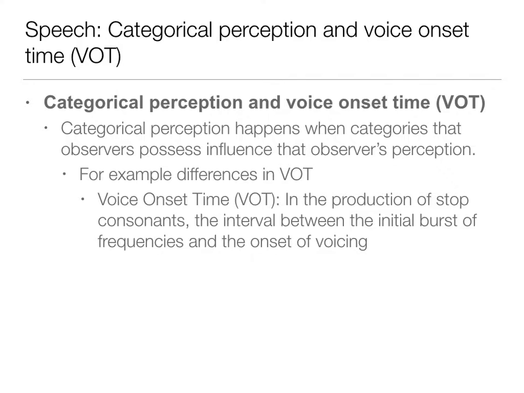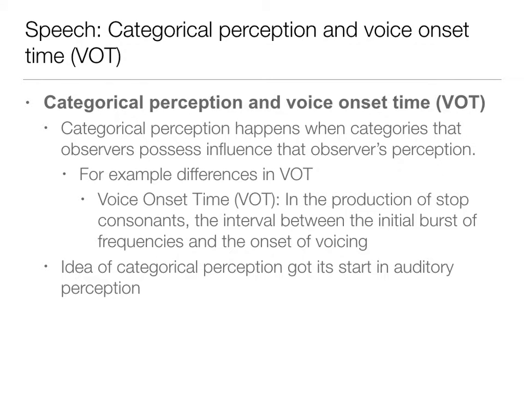And I'll show you what that looks like in terms of an actual speech signal. The idea of categorical perception really got its start in auditory perception. Categorical perception is talked about in a lot of different areas, but it really came out of auditory perception. So this is where it got its root.